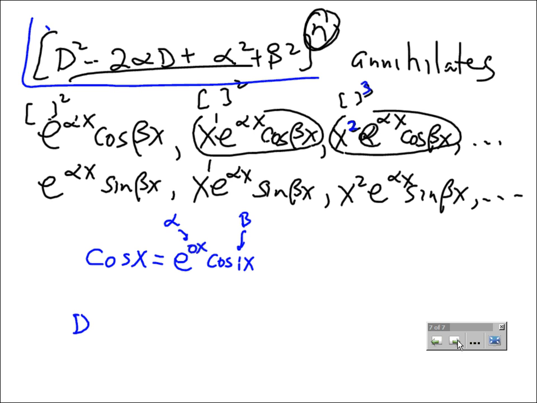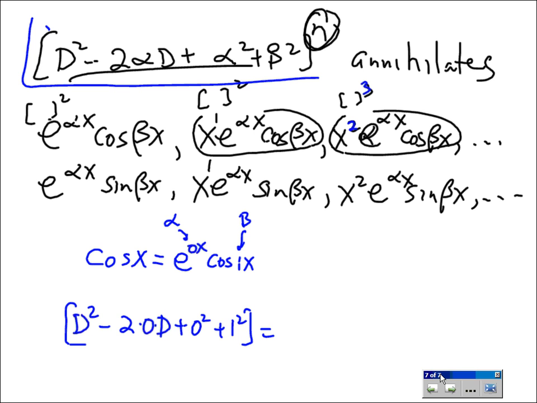So you have D squared minus 2 times a times D plus a squared plus 1 squared. That's the annihilator. We have to talk about the power as well. Well, this term is 0 and that term is 0. You just get D squared plus 1 squared. And of course 1 squared is 1.